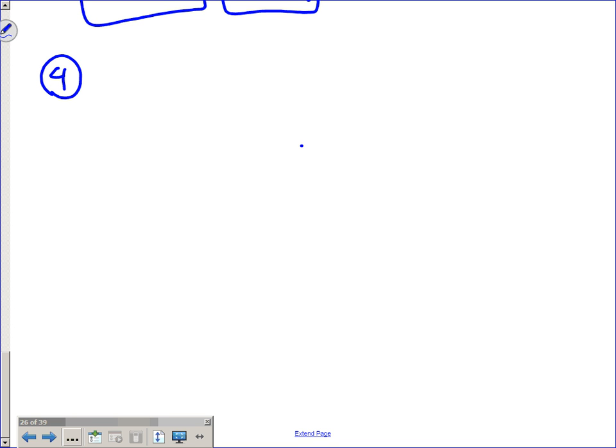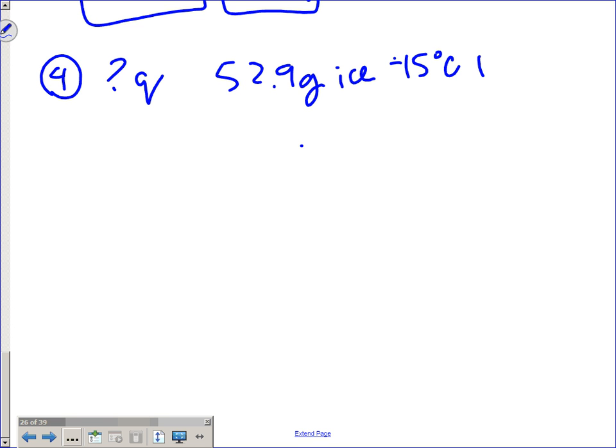So, guys, it says how much heat, which we know is Q, is required to change 52.9 grams of ice at negative 15 degrees Celsius to steam at 230 degrees Celsius. You'll notice that we have a lot of things going on, right? We have ice, and it gets to steam, so we have phase changes going on. How many phase changes are occurring? 2. We're fusing or melting, and then we're evaporating.